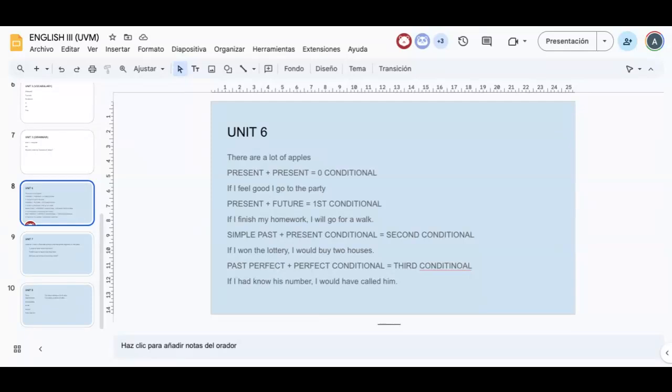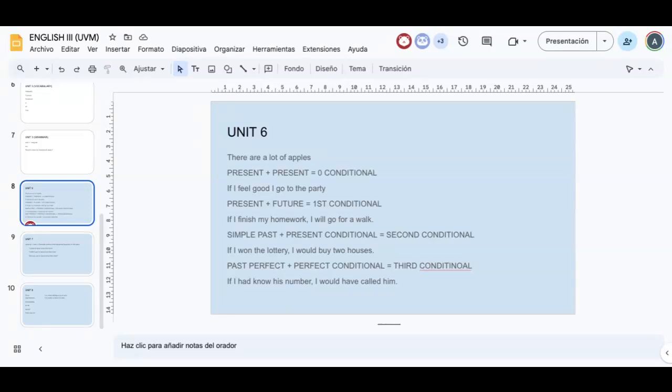If I had known his number, si yo hubiera sabido su número, but the reality is that I didn't know his number. So I cannot change the past. I cannot change the things that happen or the actions that happen in the past, the situations that happen in the past. That's why the third conditional is the most unreal conditional possible, because we can't change the past.